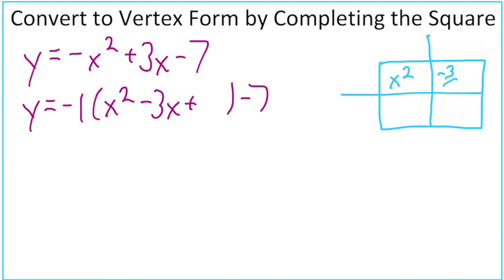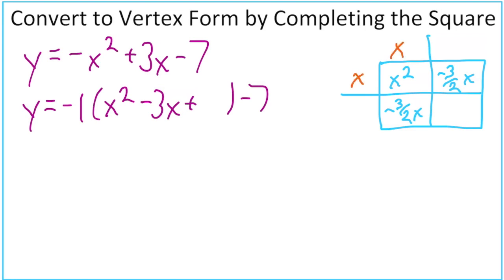I just write negative 3/2 x. You could write negative 1.5. I just like to put it over 2 because I think it's easier to multiply an improper fraction versus a mixed number.